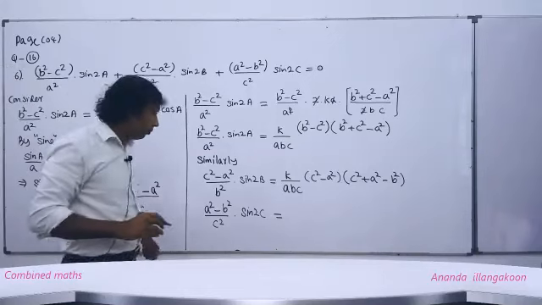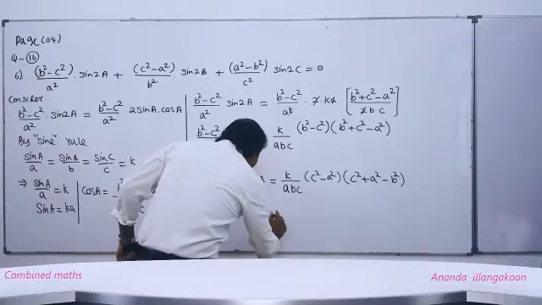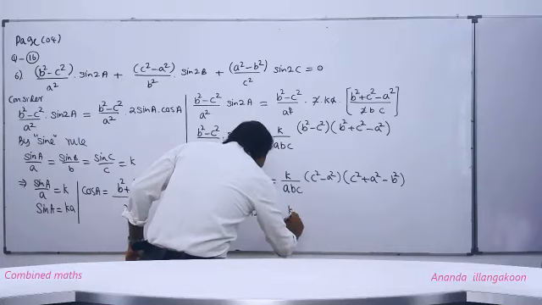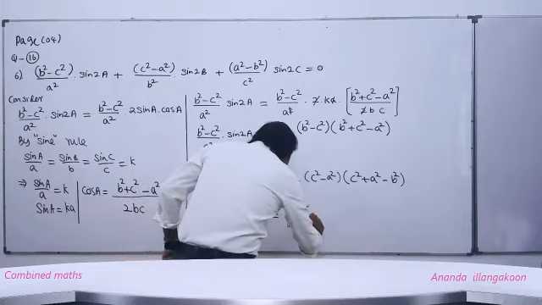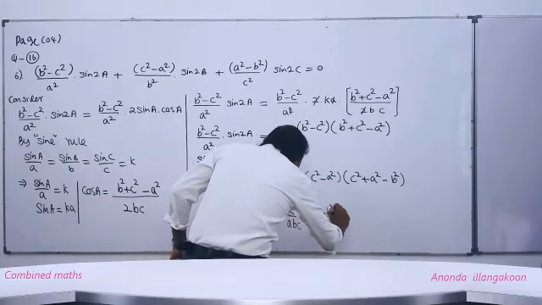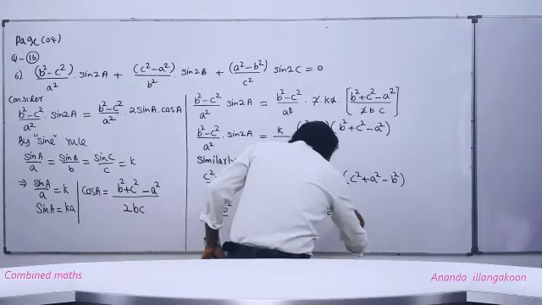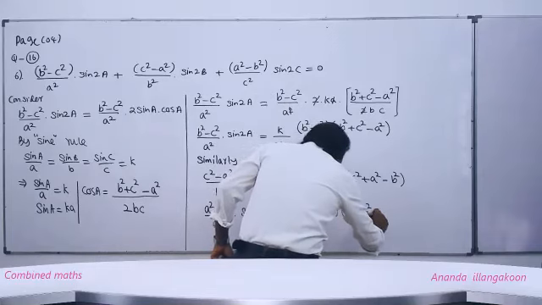What do you get there? k over abc. This (a squared minus b squared) coming, and here (a squared plus b squared minus c squared).